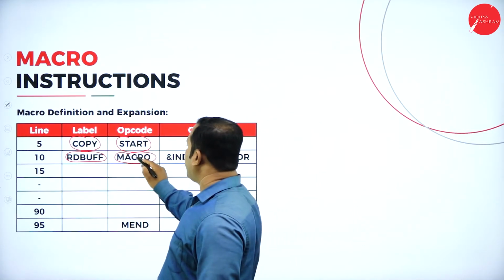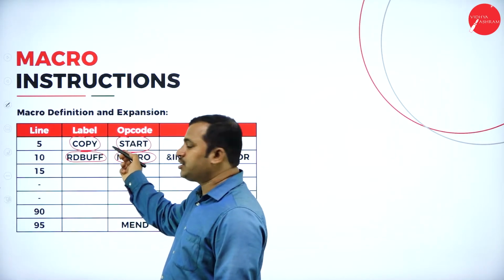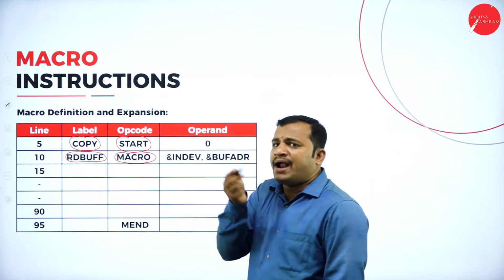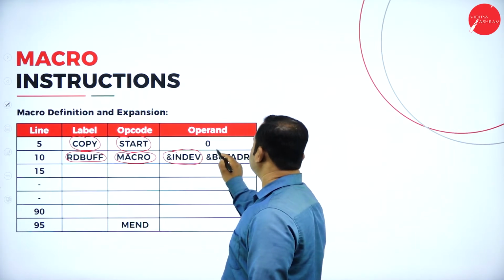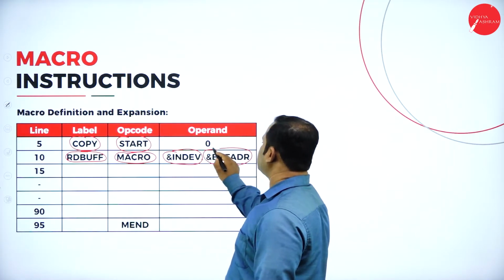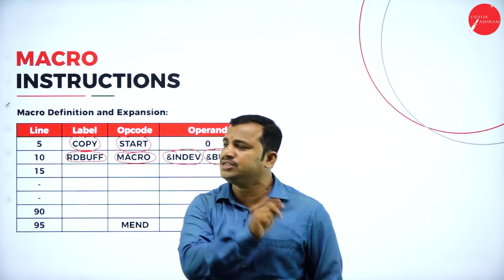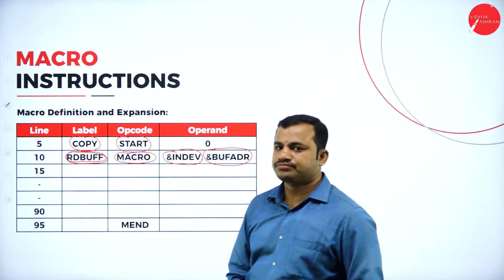The opcode macro indicates that the label associated with this macro is read buffer. Which operand is associated with it? That is input device and buffer address. These are the two important parameters I am passing to that macro definition read buffer.